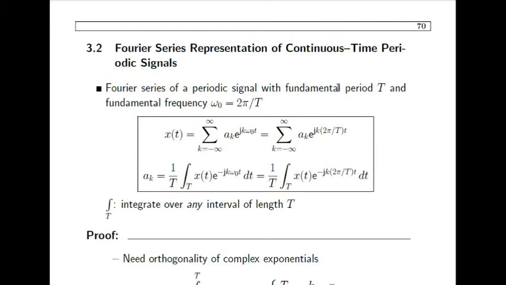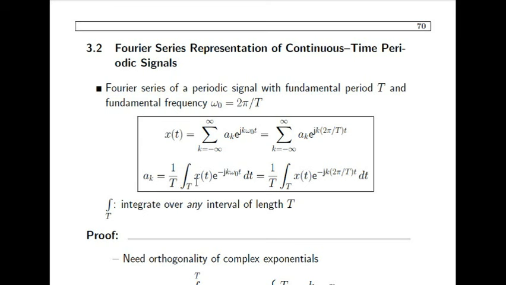We are taking a periodic signal with fundamental period T and fundamental frequency omega naught equals 2 pi by T, where the input signal x of t is represented as summation k equals minus infinity to infinity a_k e to the power j omega naught k t, replacing omega naught with 2 pi by capital T. a_k can be found with the help of this formula: a_k equals 1 upon T integration over the time period T of x of t, multiplied by the conjugate of the complex exponential which was there in x of t.